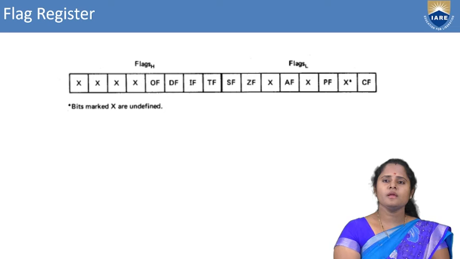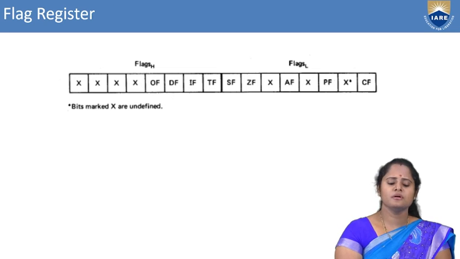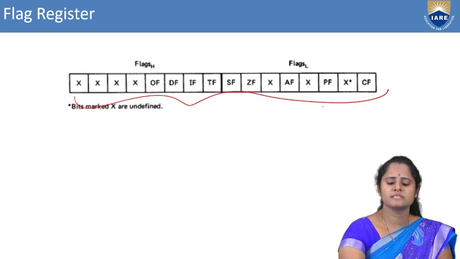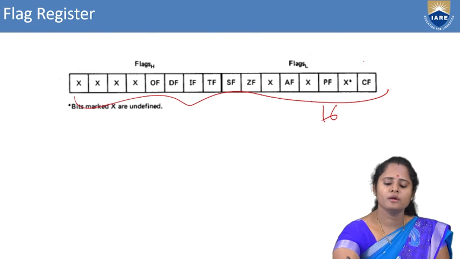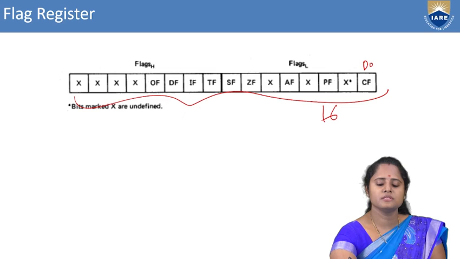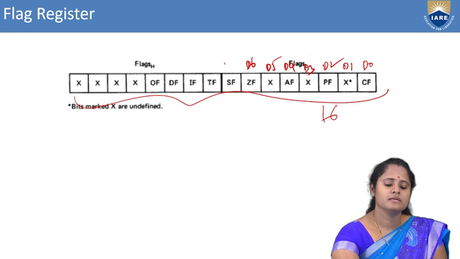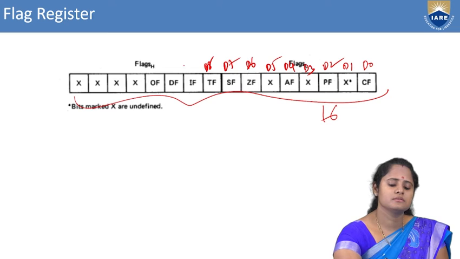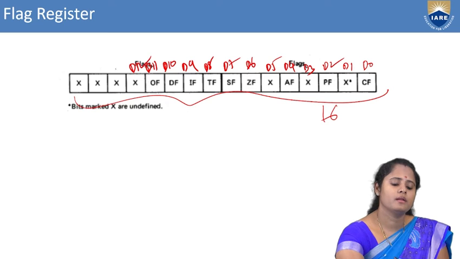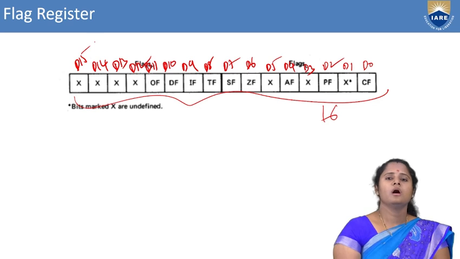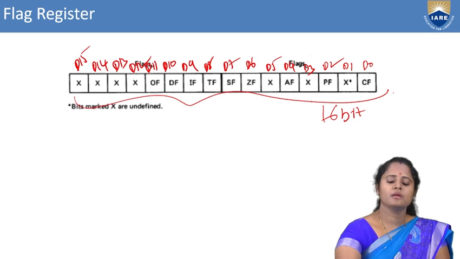Here you can see this is a flag register which is how many bits? It is 16 bits. You can write down here: D0, D1, D2, D3, D4, D5, D6, D7, D8, D9, D10, D11, D12, D13, D14 and D15. It is a 16-bit register.